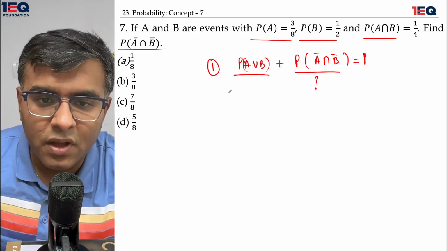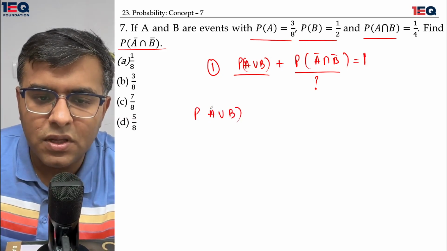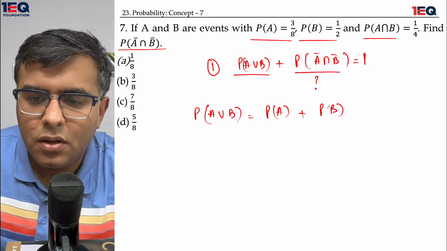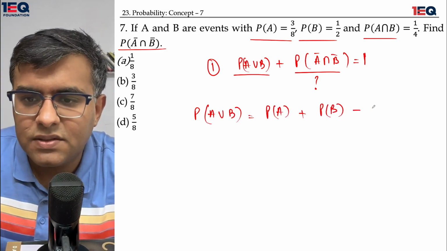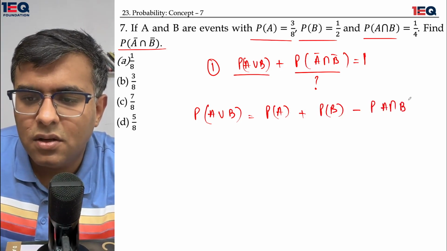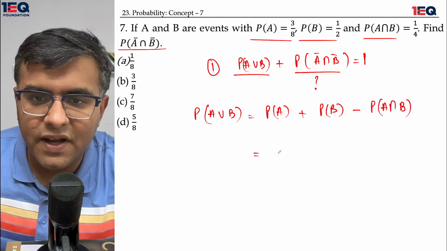So to find the value of P(A union B), I have P(A) plus P(B) minus P(A intersection B). It's as simple as this. I'll quickly put in the values.